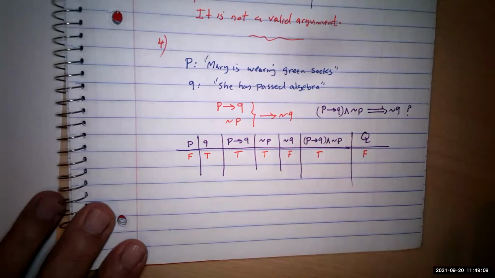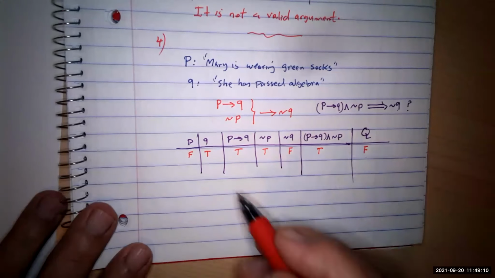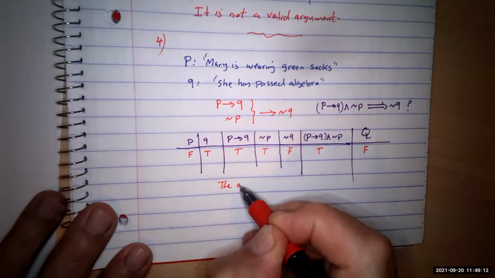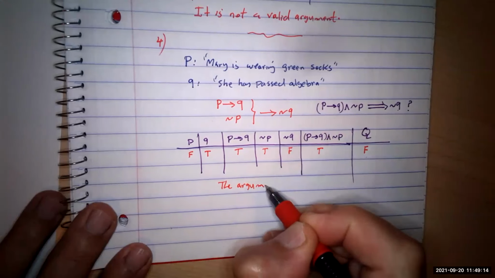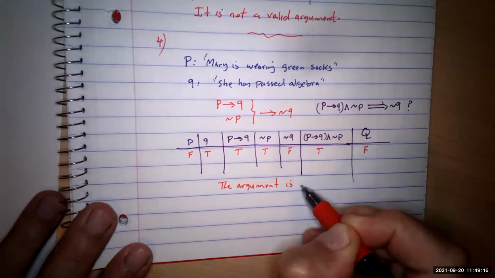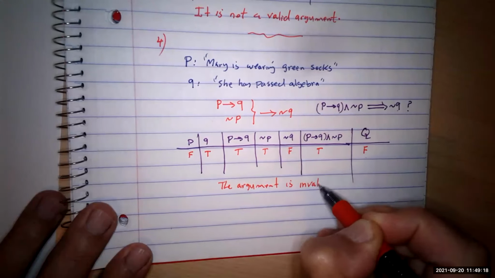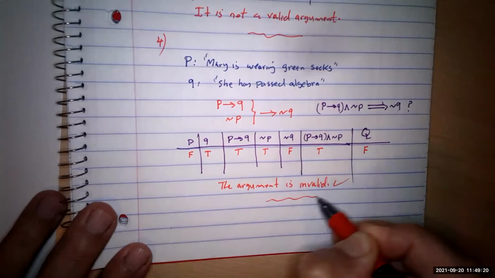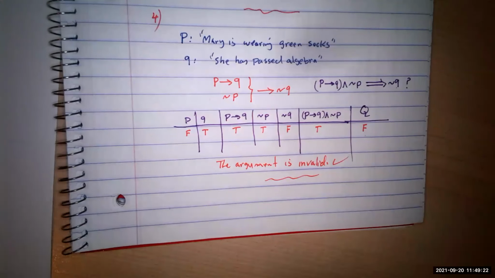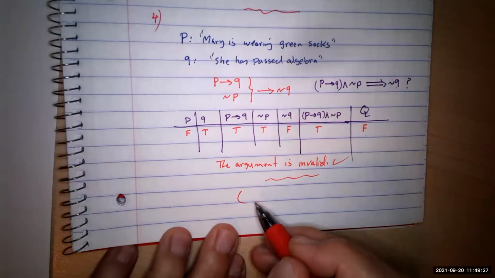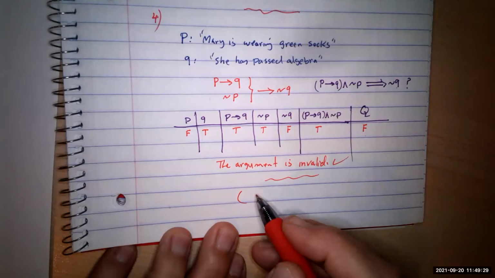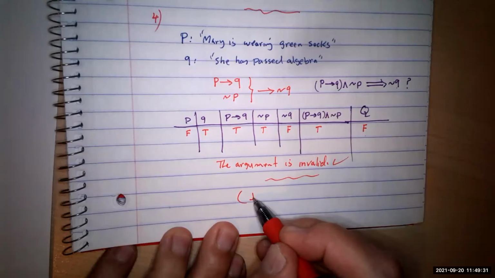Okay, that's it. So this shows that the argument is not valid. The argument is invalid. Any question? So that's going to be no. The expression, as I told you, I call the inverse error, by the inverse.